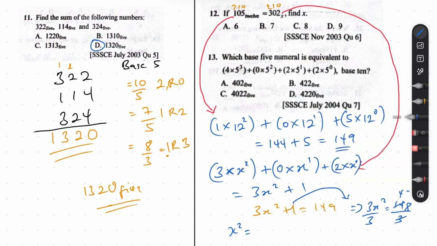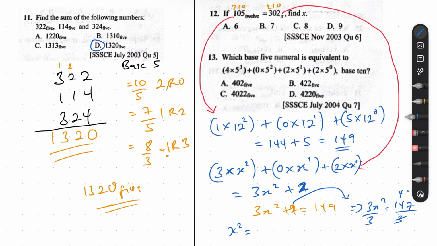This side is 3x squared plus 2, not 1. Okay. So here is 2 as well. So here we have 147 instead of 148.